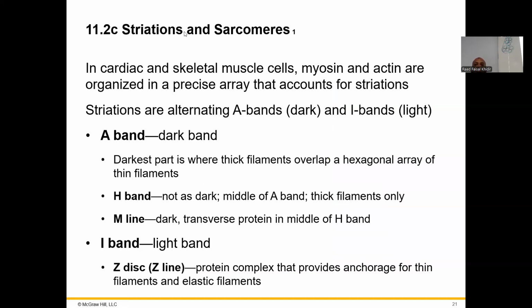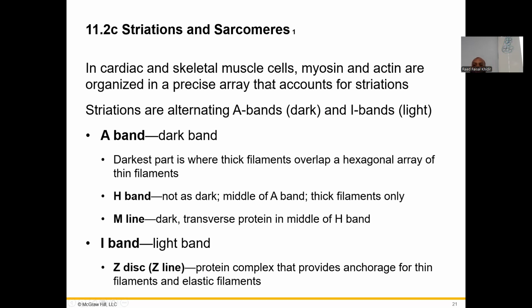There are striations and sarcomeres. In cardiac and skeletal muscle cells, myosin and actin are organized in a precise array that accounts for striations. Striations are alternating A bands that are dark and I bands that are light.